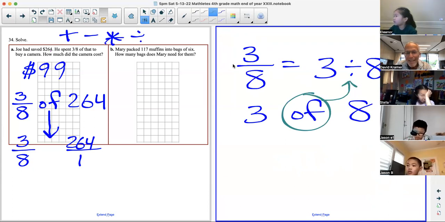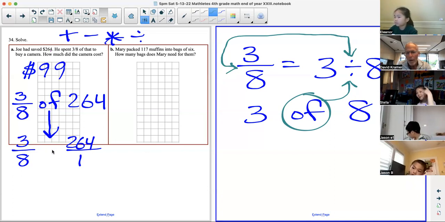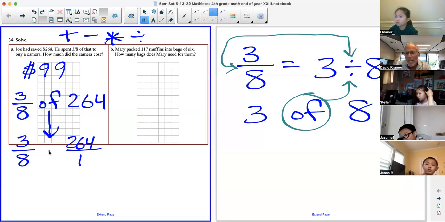This right here, Eleanor, that means division, but that's just a fraction. But what does the word of mean when you take a fraction of something else? Stella? Maybe so you divide. Guys, what do you think? Jason E, what do you think?